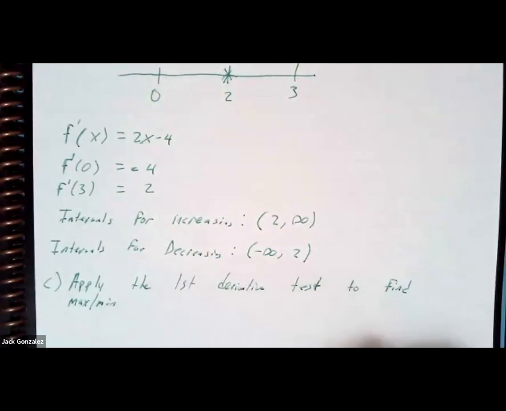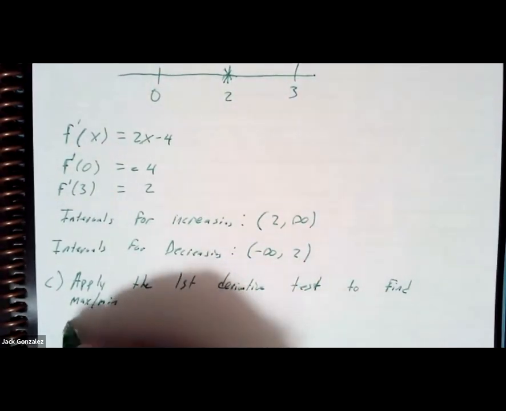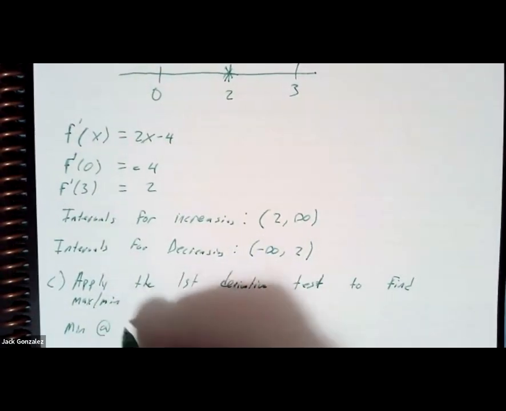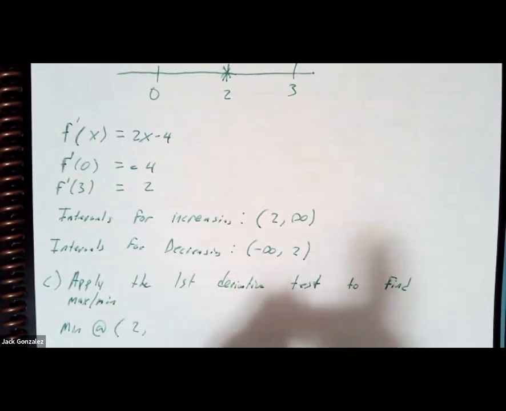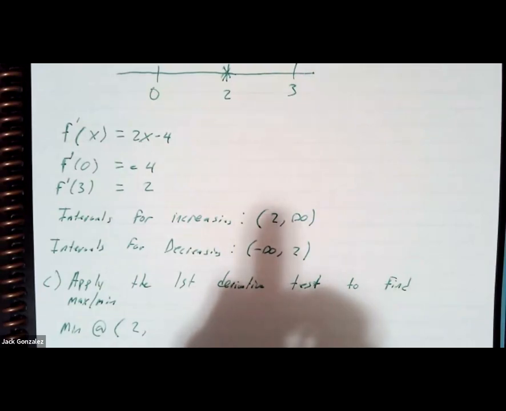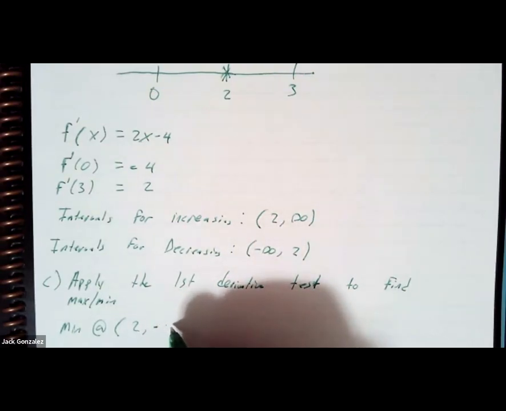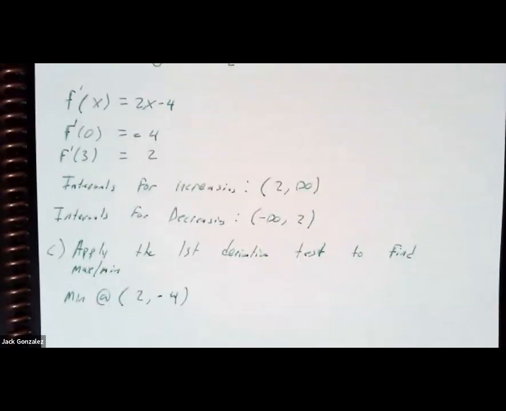A minimum? Yeah, we have a minimum. The minimum will be at 2 comma, plug in 2. Since we already did most of the work to find the intervals, we can figure this part out.